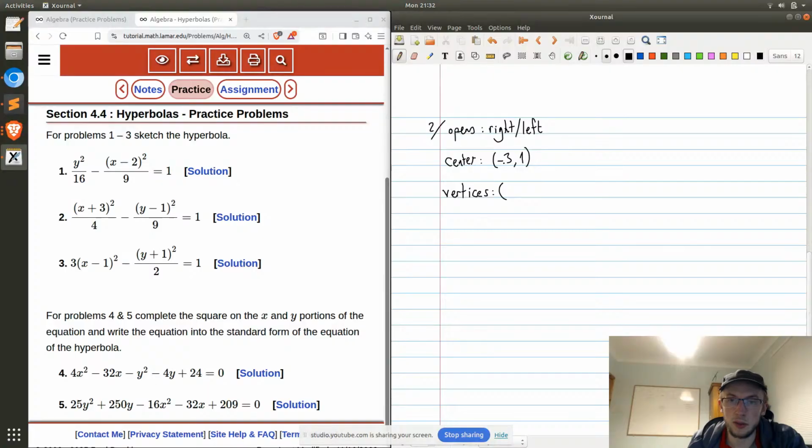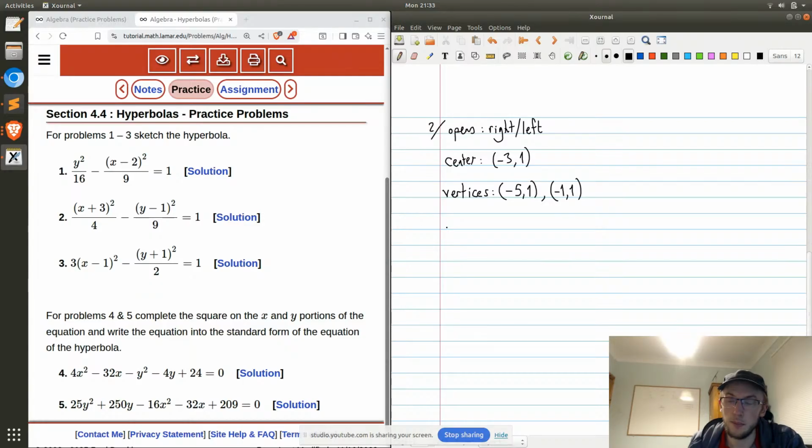And what modification will it be? It'll be a modification to the x coordinate. That's what logically makes sense. And it's -3 minus 2 and -3 plus 2. There.